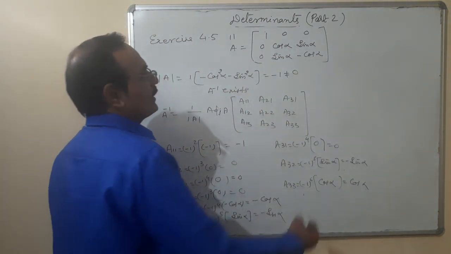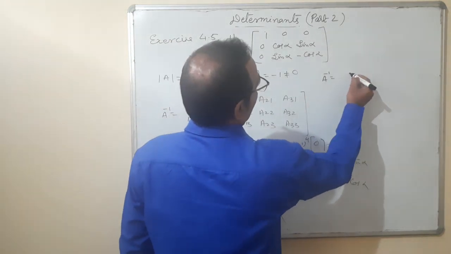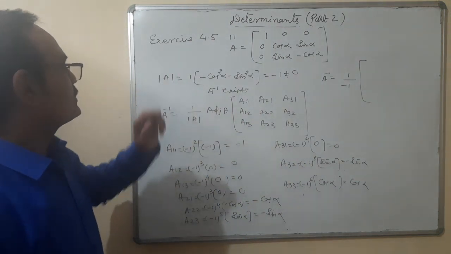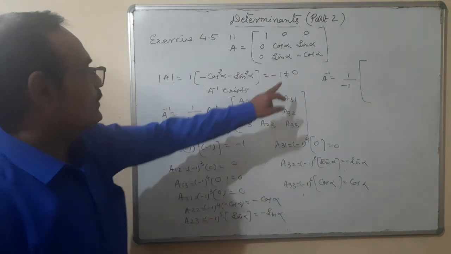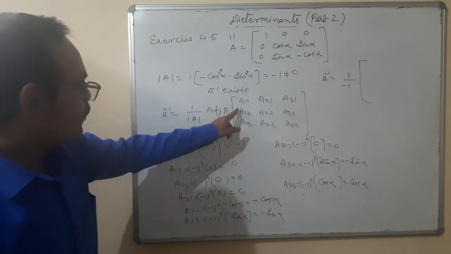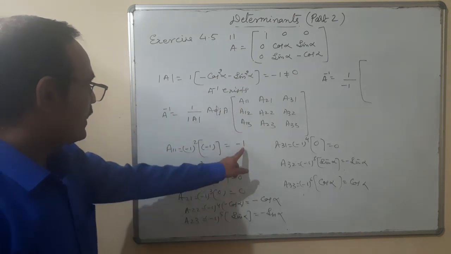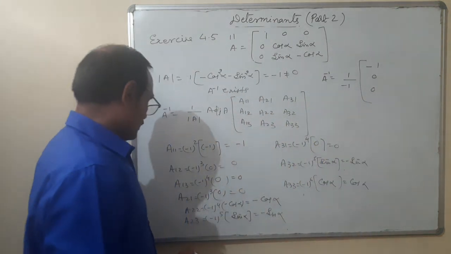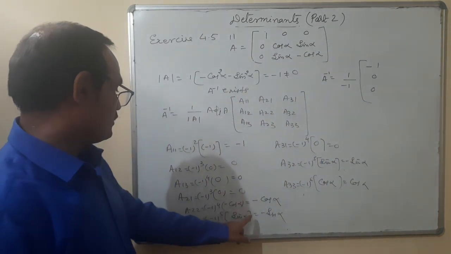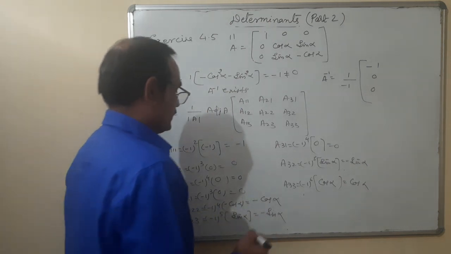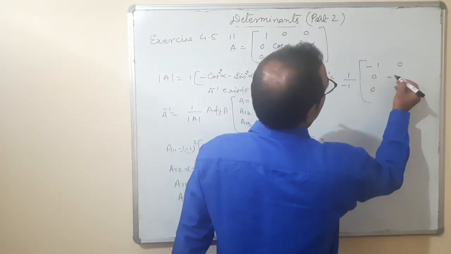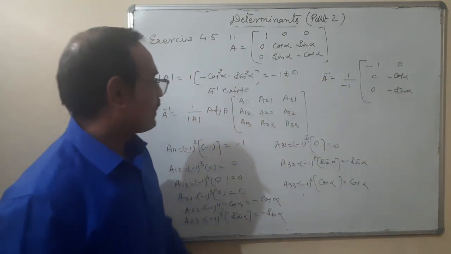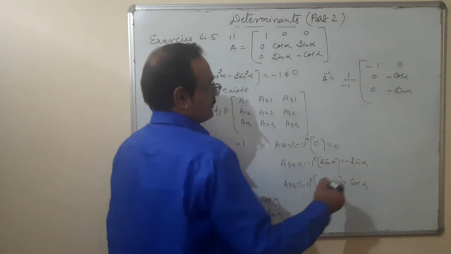So A inverse is equal to 1 upon minus 1, because the determinant value of A is minus 1, times the matrix with rows minus 1, 0, 0; 0, minus cos alpha, minus sin alpha; and 0, minus sin alpha, cos alpha.